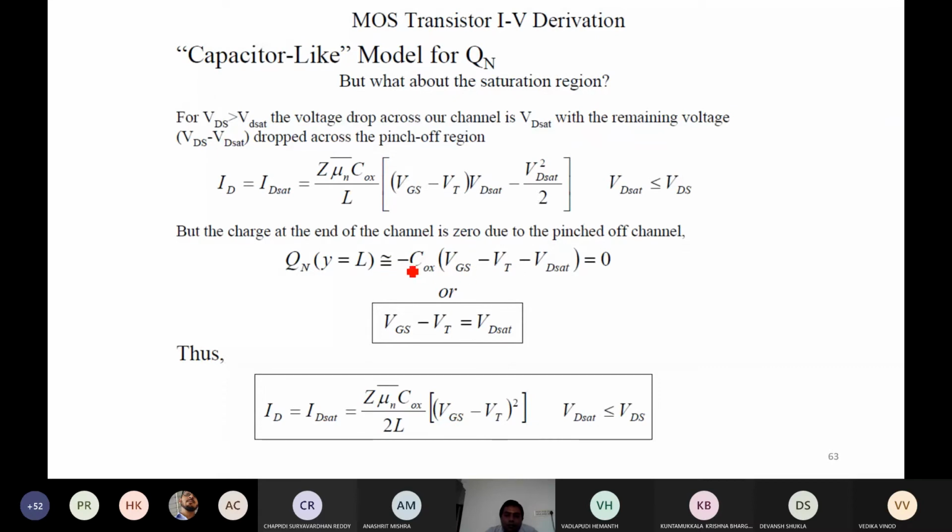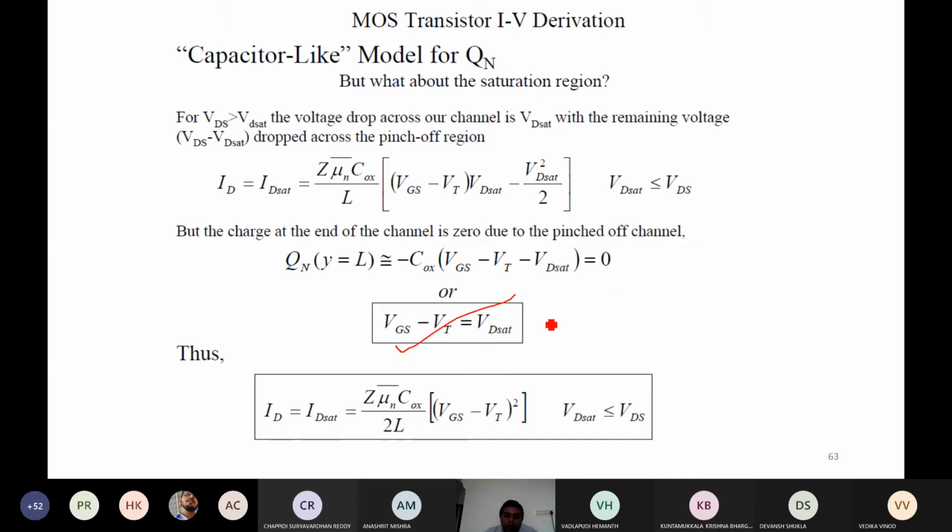Charge is 0, so minus COX VG minus VT minus VD set is 0. Then the applied voltage is equal to VD set, and by solving this you find that VGS minus VT is equal to VD set. So this is why VD set is VGS minus VT.